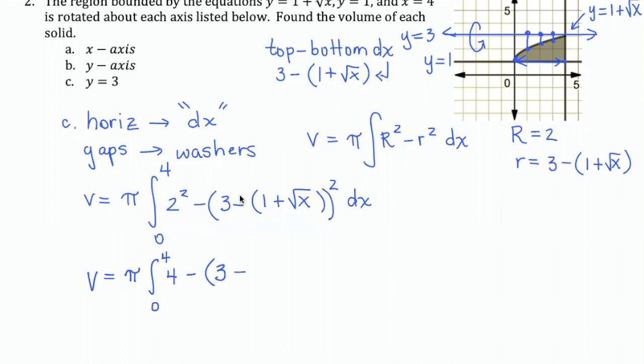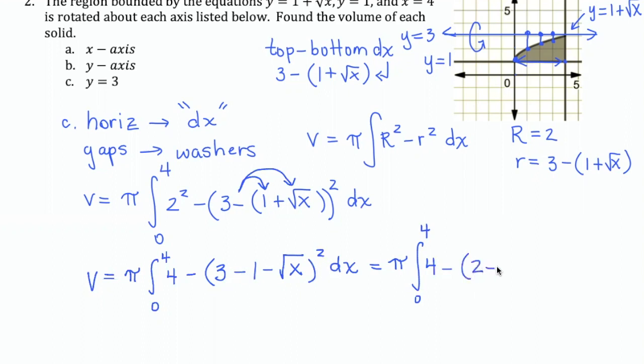I'm going to go ahead and distribute this subtraction sign into both of these terms. Then I can do 3 take away 1, which is going to be 2 minus the square root of x squared dx.